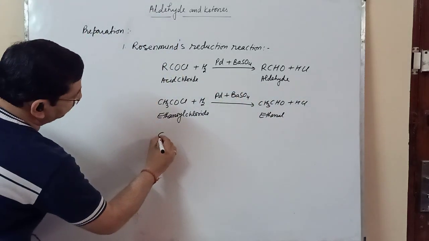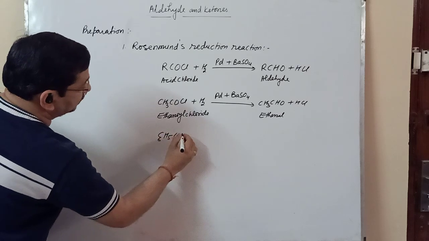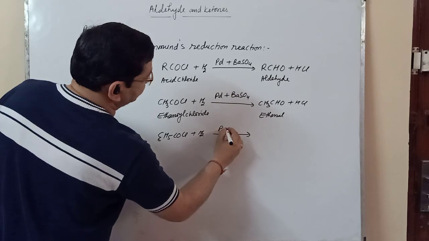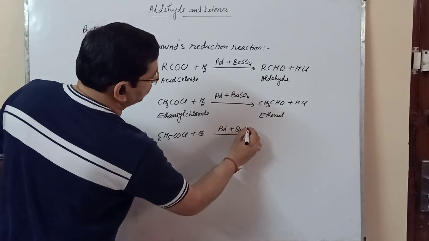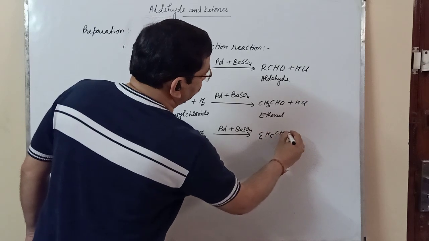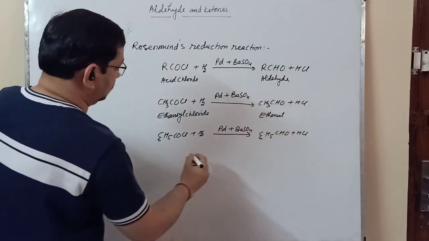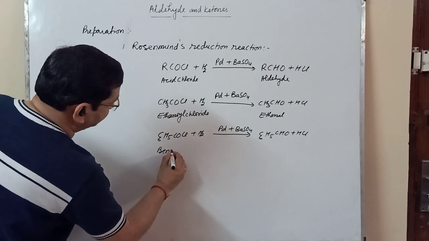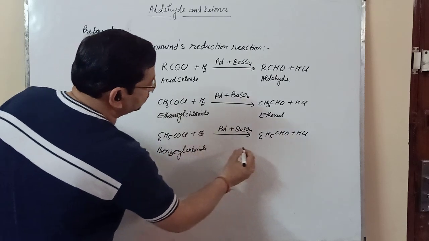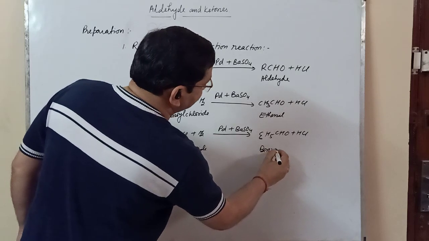Similarly, if we take C6H5COCl, this on reduction will give C6H5CHO plus HCl. So benzoyl chloride gives benzaldehyde.